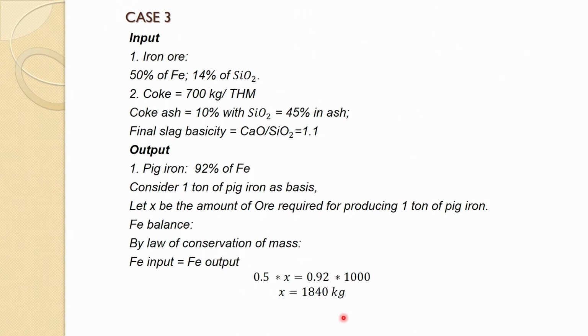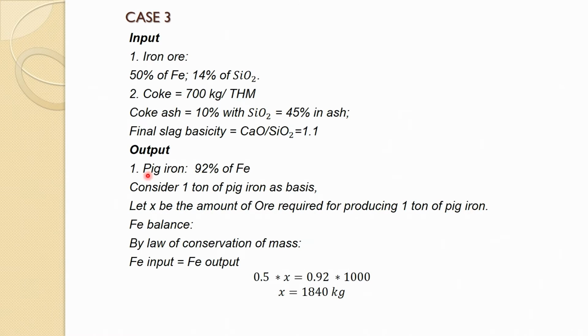Now, we look at the lean ore. So, it says 50% iron in the ore and 14% silica, and coke rate has also increased to 700 kg per ton of hot metal, but coke S is the same 10%, and in that S, 45% silica, and final basicity of the slag is still 1.1.